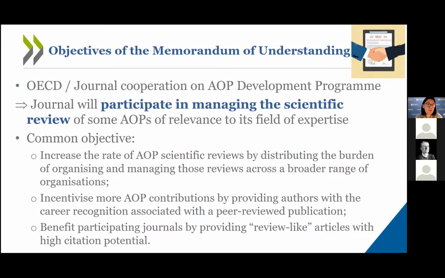It aims also at incentivizing more AOP contributions by providing authors with a career recognition associated with a peer-reviewed publication, and also benefit participating journals by providing review-like articles with high citation potential. And as mentioned earlier, 2 MOUs have recently been signed with 2 journals, ET&C and EMM.